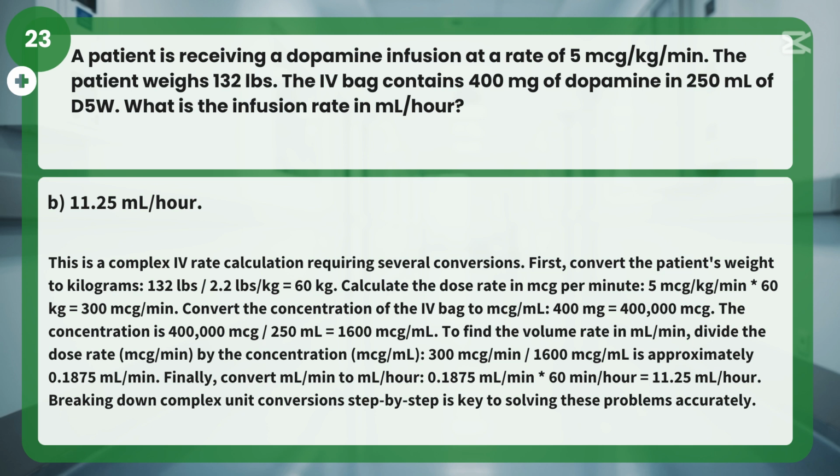Finally, convert mL/min to mL/hour. 0.1875 milliliters per minute * 60 minutes per hour equals 11.25 milliliters per hour. Breaking down complex unit conversions step by step is key to solving these problems accurately.